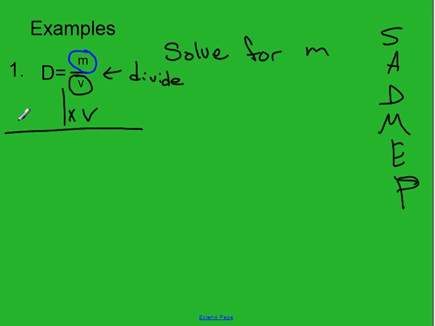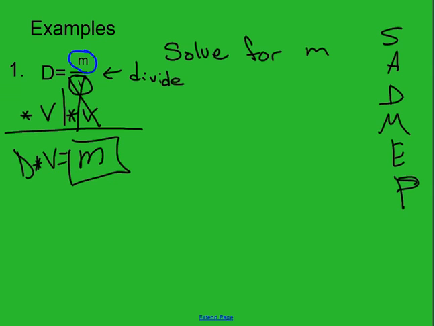So I multiply that side by v, I multiply that side by v, and my v here and my v here cancel, leaving me m equals d times v, and I have now isolated my variable. Okay, a very basic example for you.